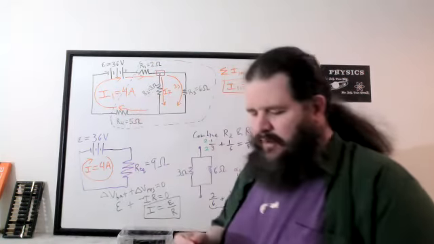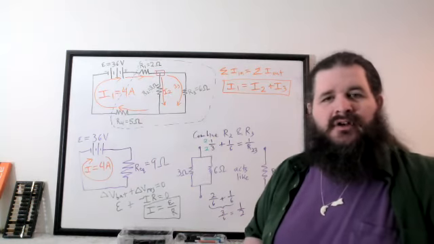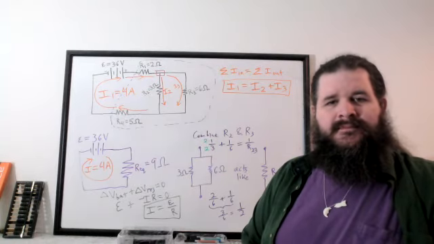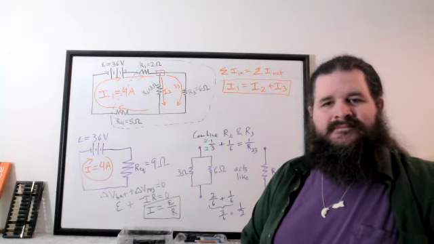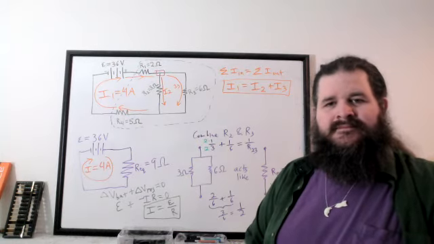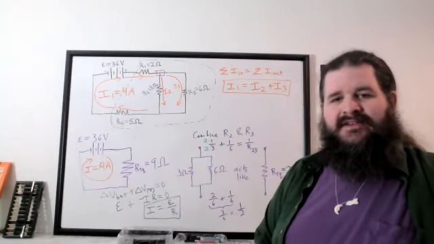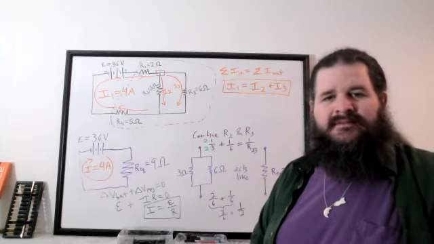We simplified quite a lot of this circuit. We combined all these resistors together. What's the one part of the circuit we didn't simplify? What's the one piece of the circuit we didn't combine with other pieces with these simplification formulas?